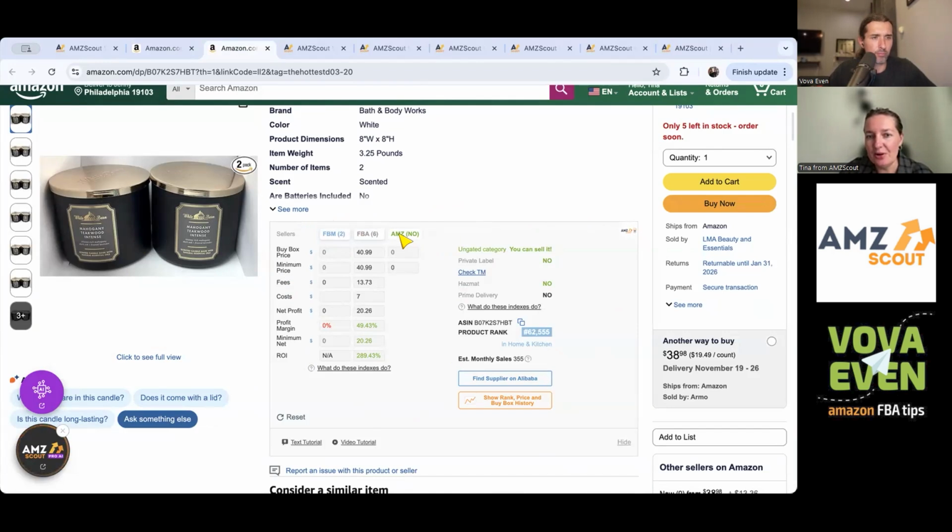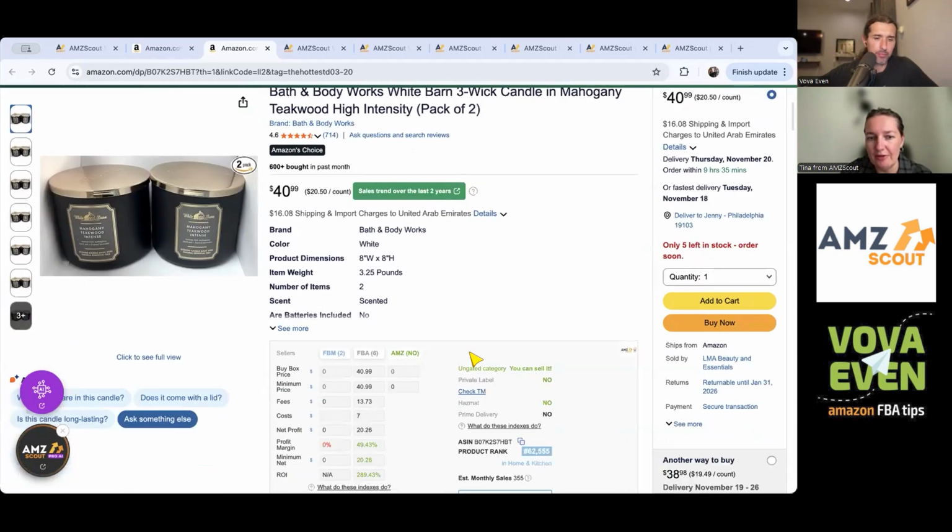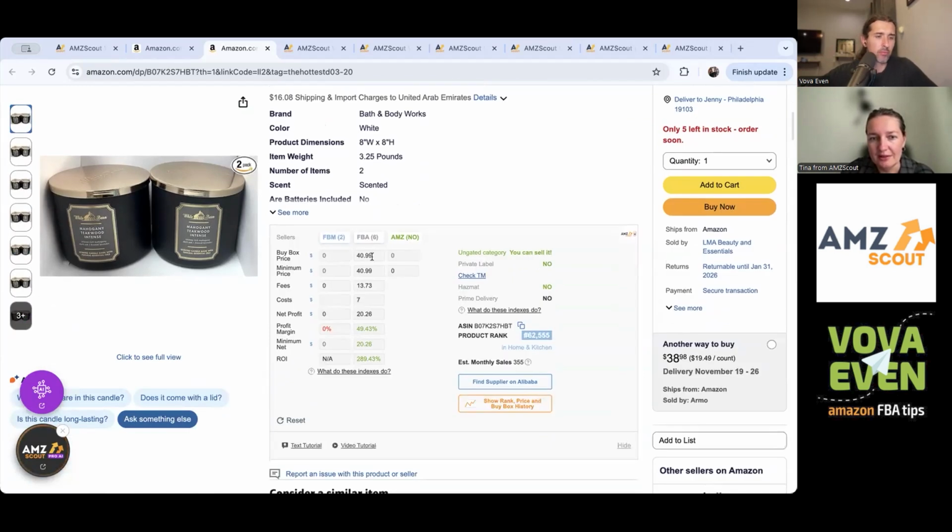It says that there is no Amazon in the list of sellers, right? And that the buy box right now belongs to the FBA. That's why the price point is now in this box, buy box price.